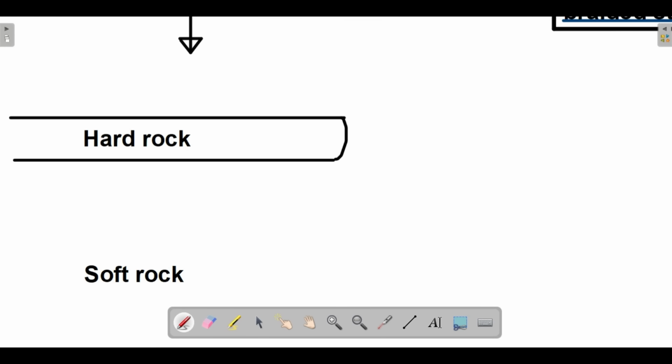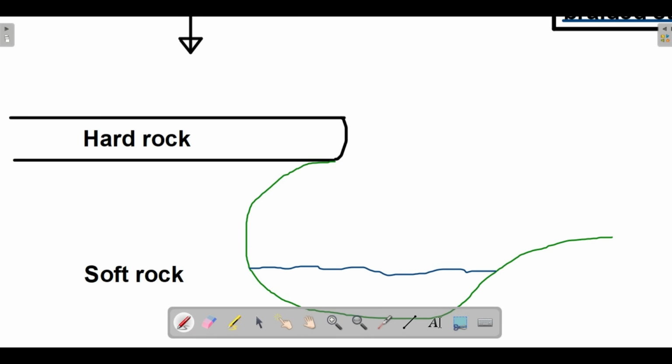This will continuously occur such that the softer rock forms that shape, and the softer rock will be eroded such that it leaves the harder rock overhanging. As you can see, this piece right here is overhanging. It is not supported by the softer rock anymore, and it is at risk of falling.